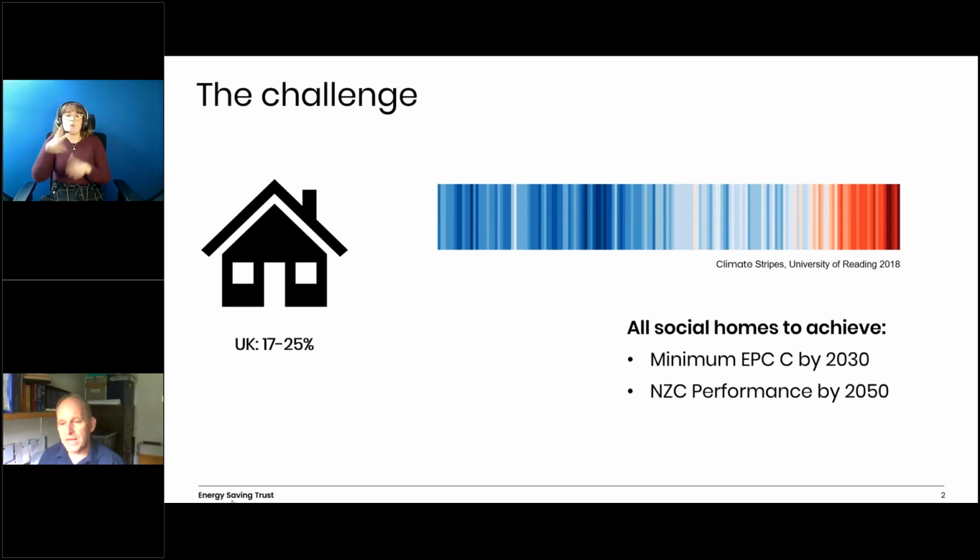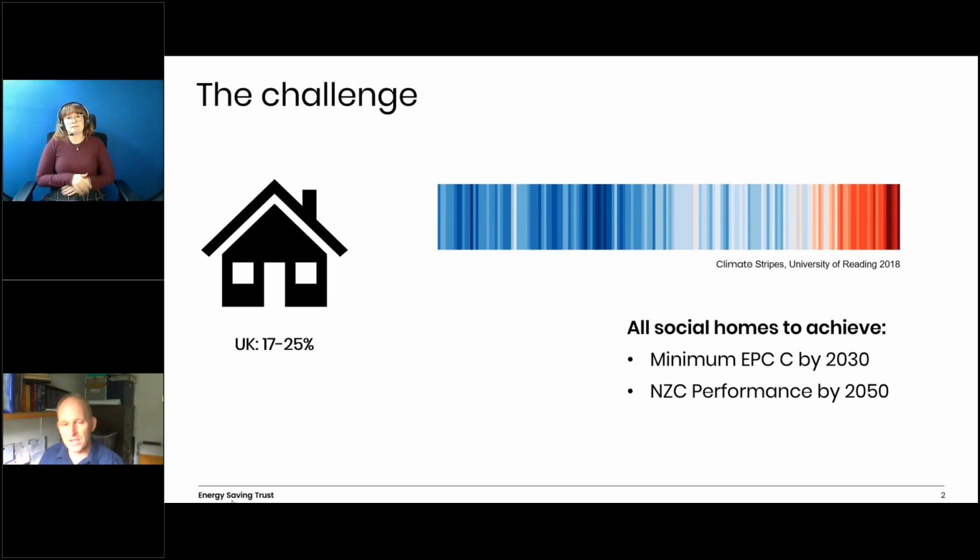In terms of bringing it a bit closer to home, in terms of the UK, housing represents about 17 to 25% of UK's carbon emissions. Depends on which report you look at as to which figure you get, but it's roughly a fifth to a quarter of emissions are associated with housing.